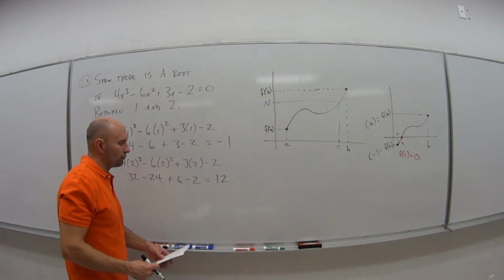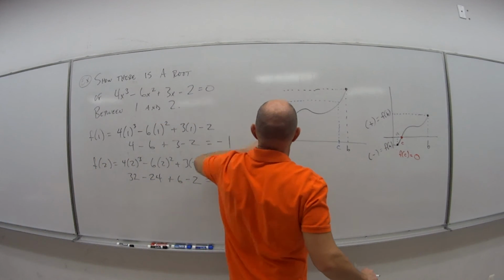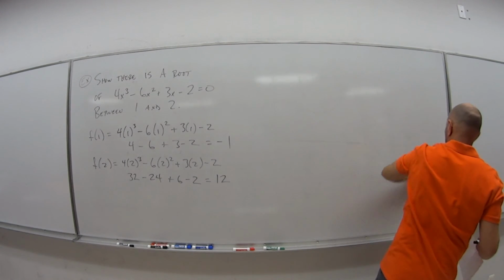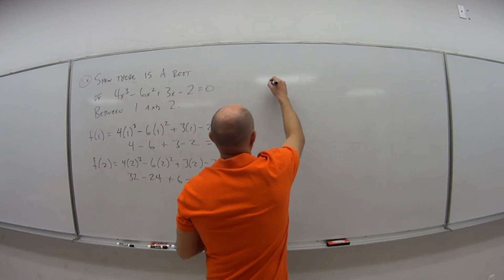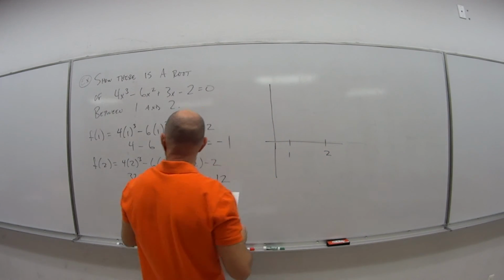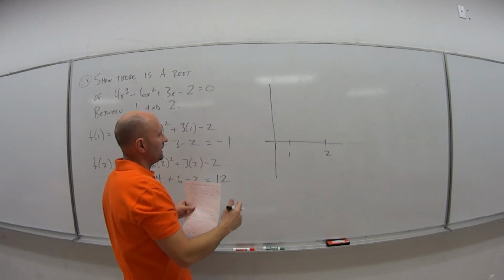So if I was to draw this on a graph, these 2 points, so f of 1 is equal to negative 1.